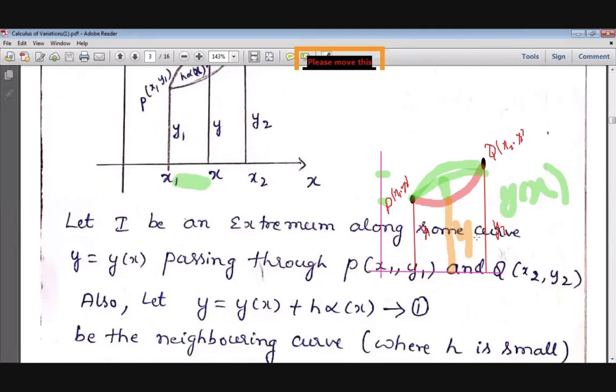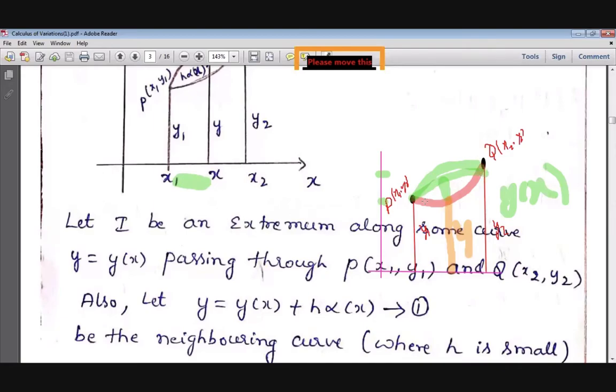See, y equal to y of x. From here to here, how much? y of x plus h into alpha of x. This green one, the small thing h we added, h alpha of x. Okay. Now, if both coincide, if both come one above the other, if this green one comes above the red one, then no need to find the extreme, that will become minimum.